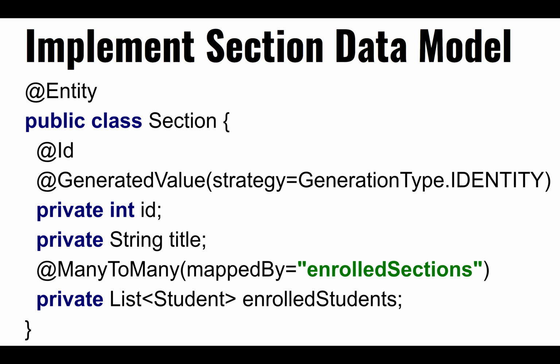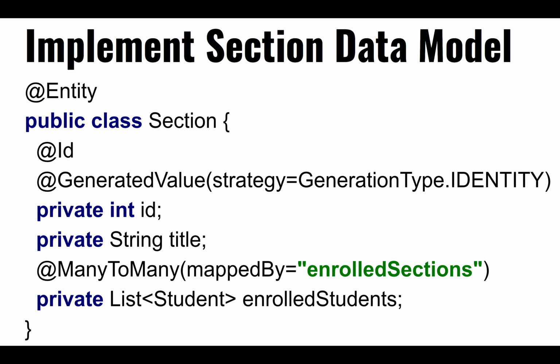So in a mapping implementation, you would implement the sections and the students just the same way, using entities, IDs, generated values. So that doesn't change. What changes here is that now they're both going to look at each other as having many-to-manys on both sides.